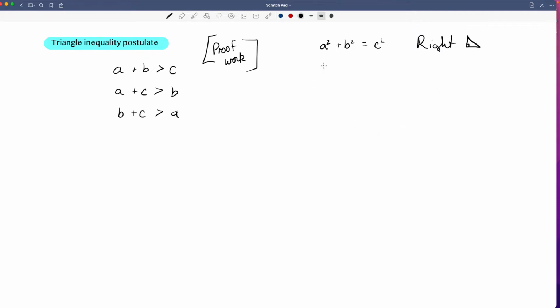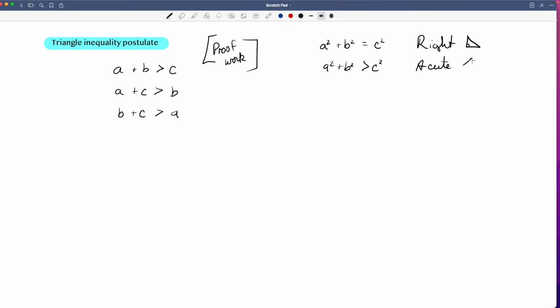Okay, so what we can do with this, however, is we can use it to evaluate when we have all the lengths of the legs of a triangle. It can actually tell us whether or not that triangle is obtuse or acute instead of right. And the way we do that is with inequalities. A squared plus b squared, that is greater than c squared, is going to be an acute triangle.